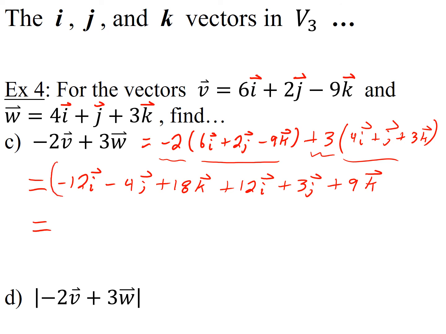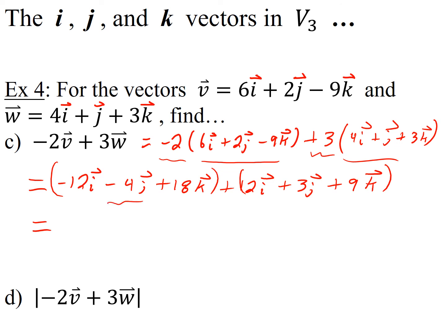Okay, so we did the scalar multiplications, and now we're adding. When you add the -12i and the plus 12i, those cancel out. You get 0i. You can write 0i if you want, or you could just not write it at all. But if you see it's missing, just remember that means that component is 0. So those cancel, so I'm not going to write that one.